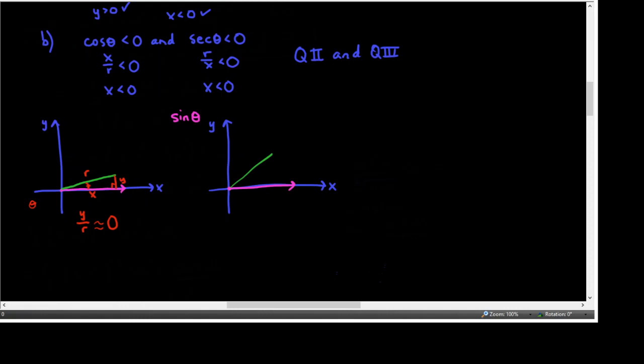I'm not trying to make it exactly 45 degrees, just some middle value. This would be y, this would be x, and this would be r. And now y over r, those are kind of close, but notice, because it's a right triangle, the hypotenuse r is always bigger than the leg y.